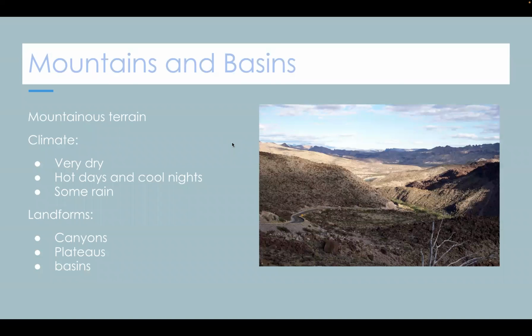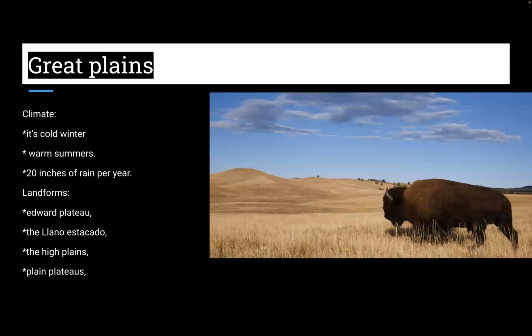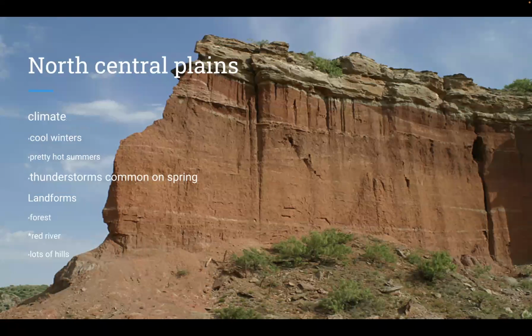Each region had a slide, so the mountains and basins. The only thing that this student is missing is the vegetation, but they did get climate and landforms on there. A lot of them had questions about, is this in Texas? Is this in Texas? So it was interesting, but I also referred them back to the video tour to rewatch it, because some students have had that experience, some students haven't.